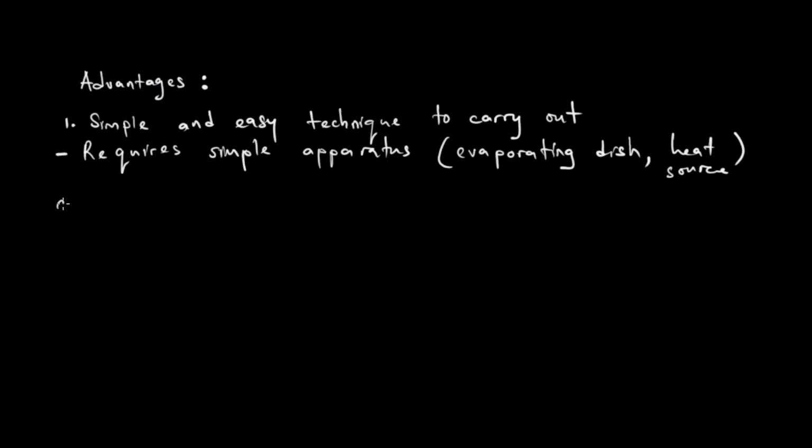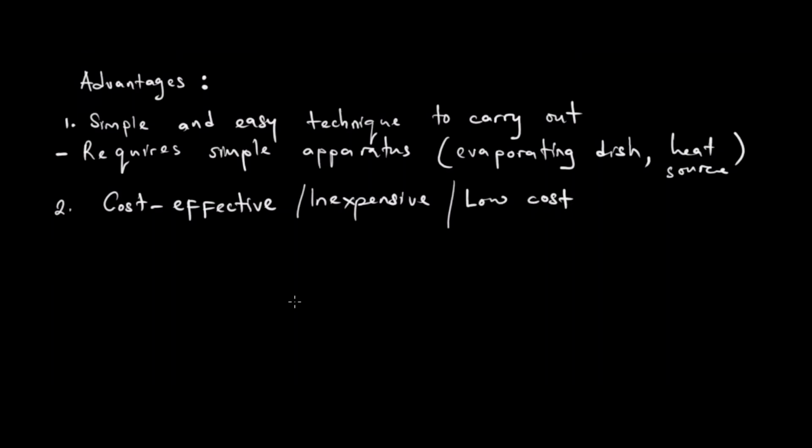Our second advantage: it's cost effective. For these advantages, when you are writing notes and comparing across all the separation techniques, they are more or less the same. So for cost effective, we can write inexpensive, or we can write low cost. So it's low cost.